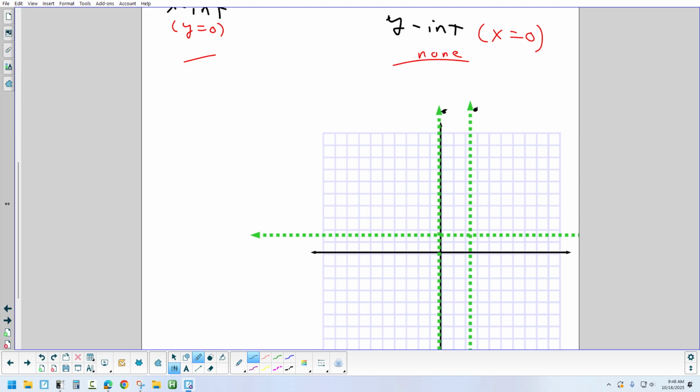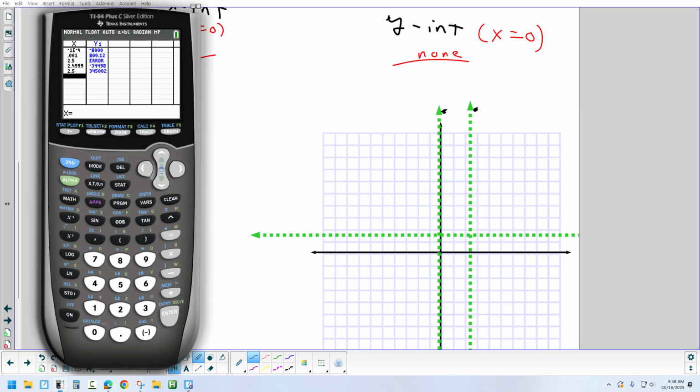Since I didn't find intercepts this time, I do want to check some more points in the middle. What would be a good x value to check in the middle section? You can check 1. 1, 0. Nice point.